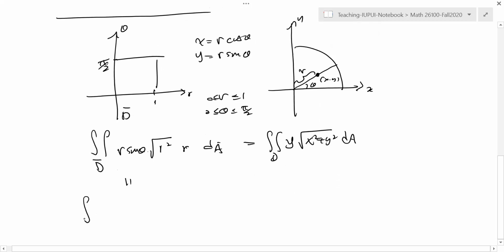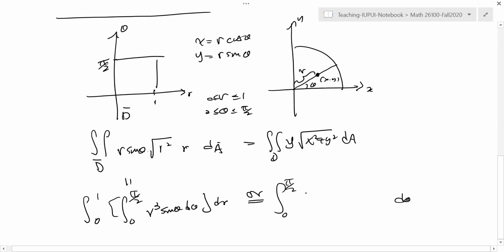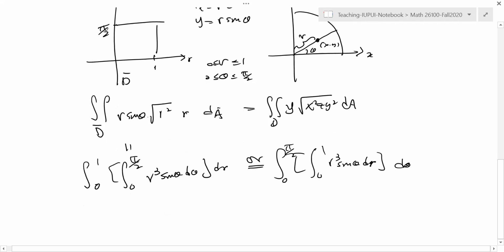You have two iterative integrals, either dr first, giving r cubed sine theta d theta, or you can put d theta outside, and this is the same function. It doesn't matter which one you go first. You can evaluate the integral quickly.